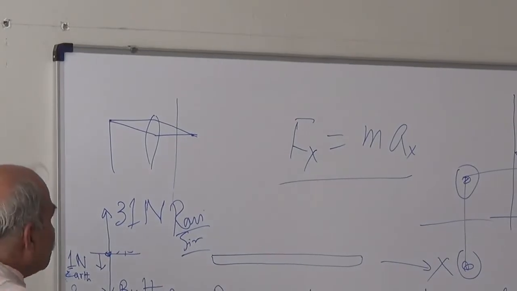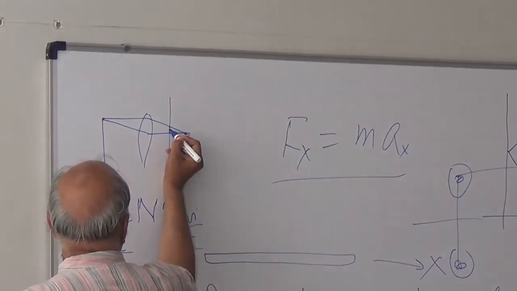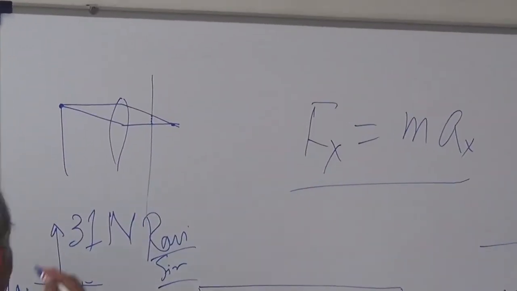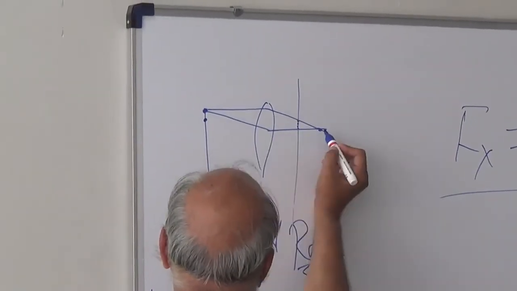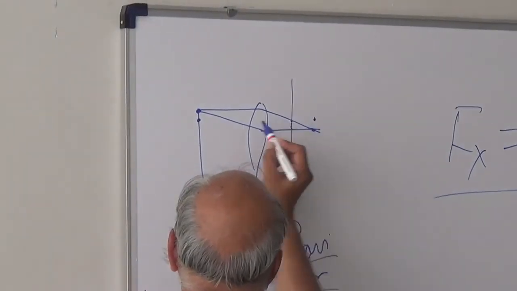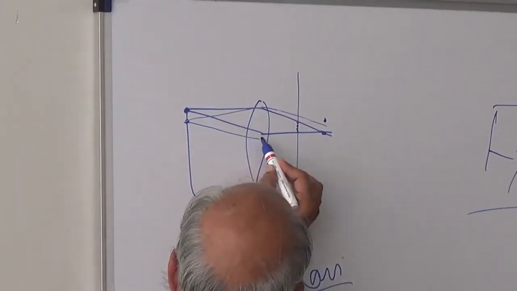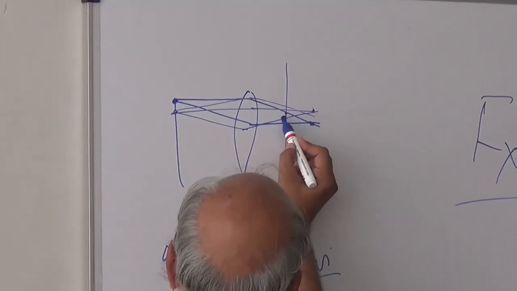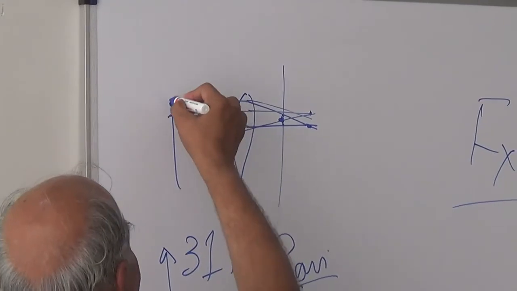Correct? So now you can see that at this point, the rays are coming from here. And similarly, if the object is here, then the image should have formed here, let us say. So the ray will go in this fashion. So now you can see that this point is receiving rays from here as well as from here.